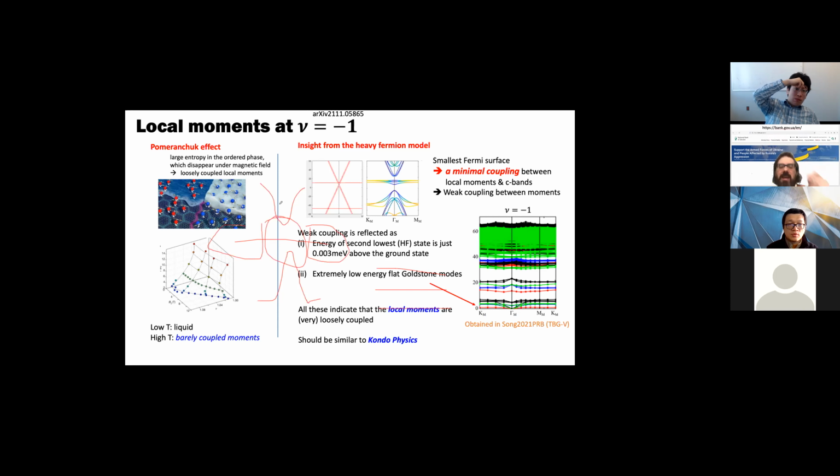And they're going to have some conduction electron part, so I claim that you can always write down this type of model. Now, how good this model is, meaning how localized the electrons are, and how loosely coupled these things are, depends on the actual parameters. But you can always write down such a model, I think.